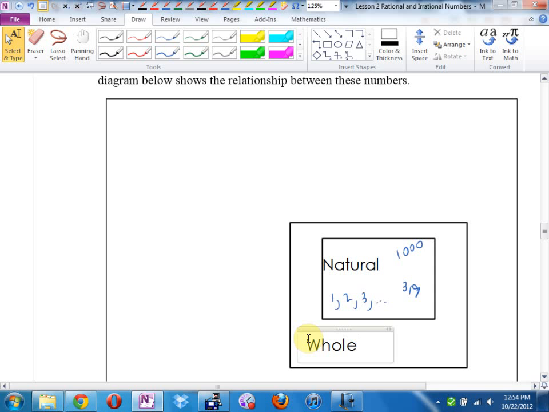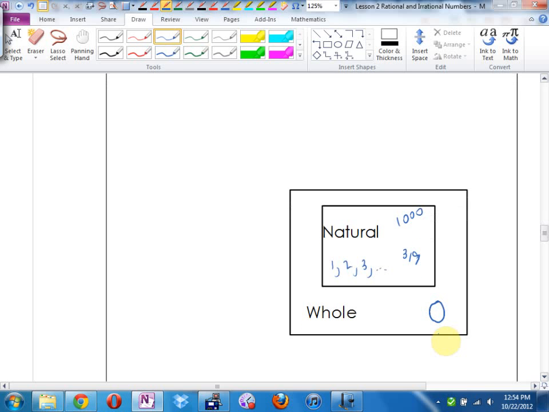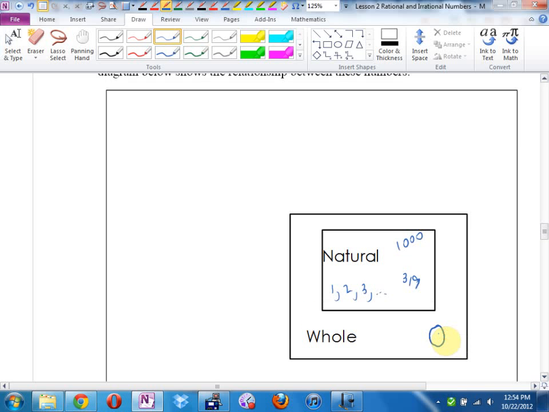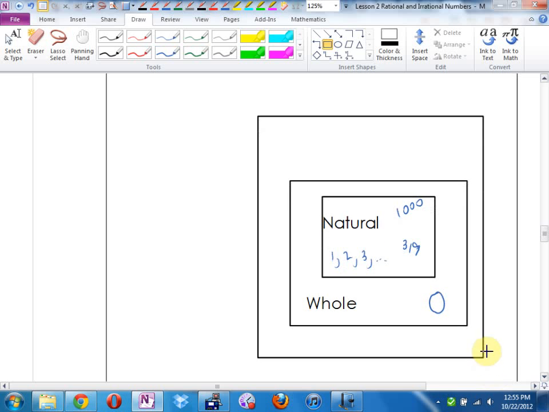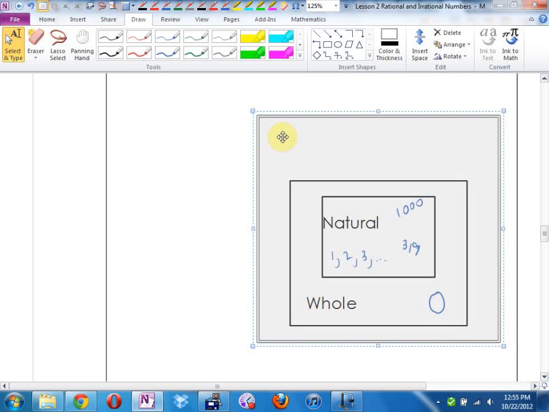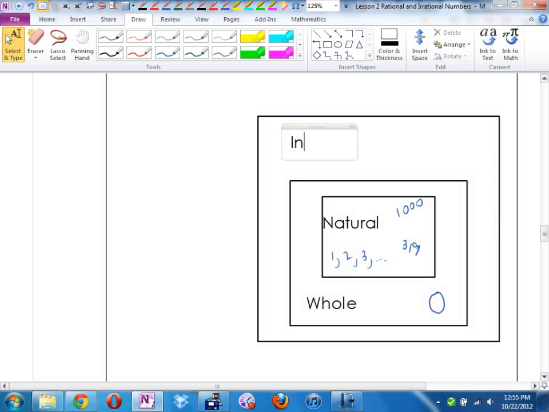All of the naturals, and we added one more thing, the one that looked like a whole. Add 0. Then we zoomed out one more time. We swallowed up all the whole numbers, and we made the integers.